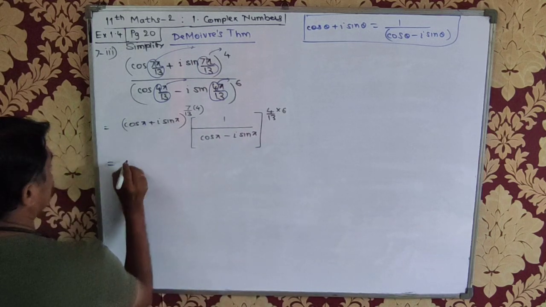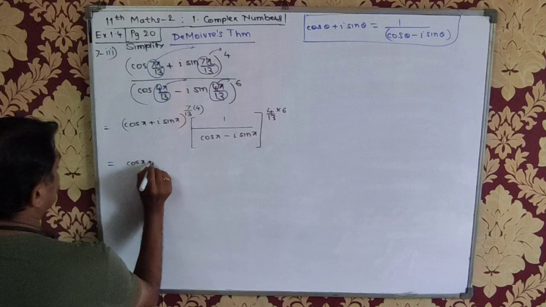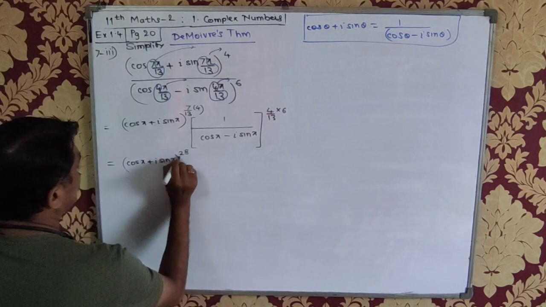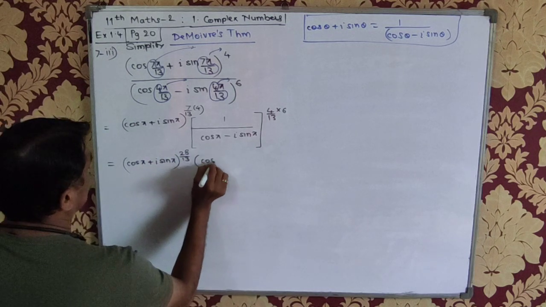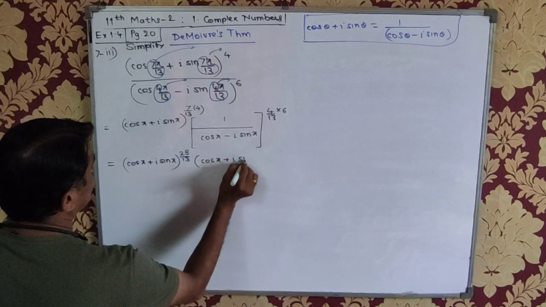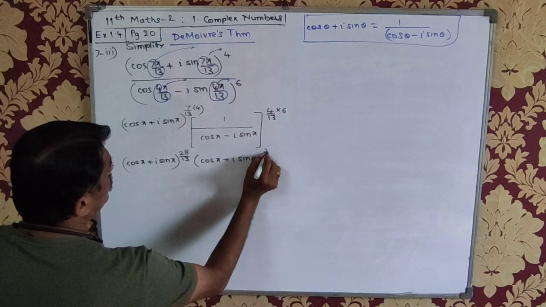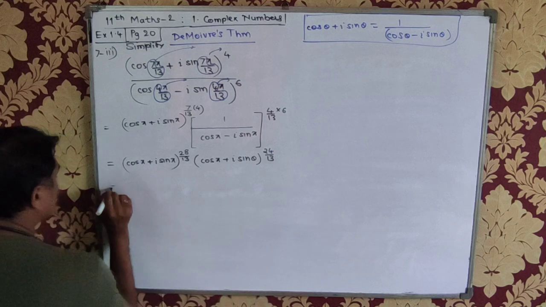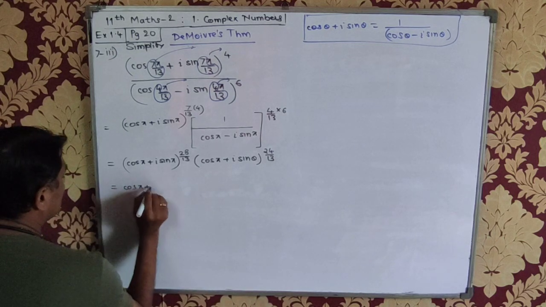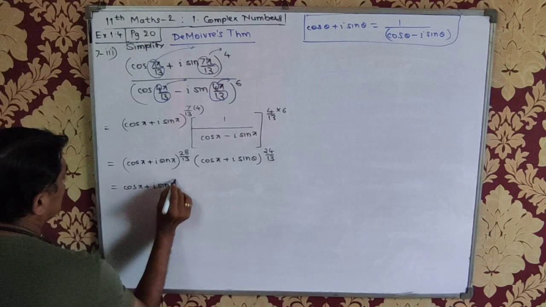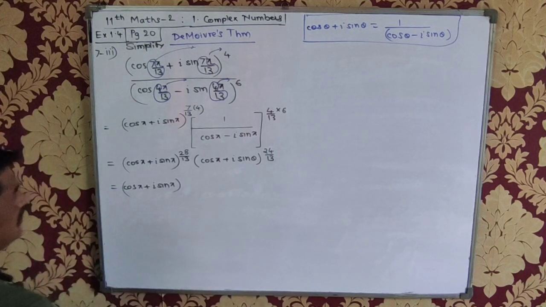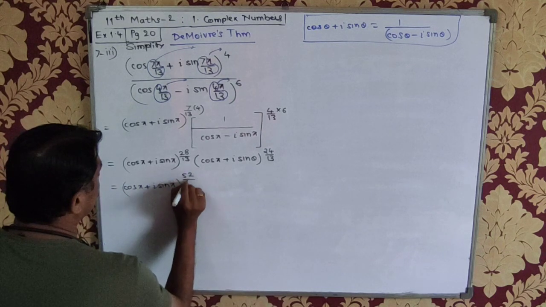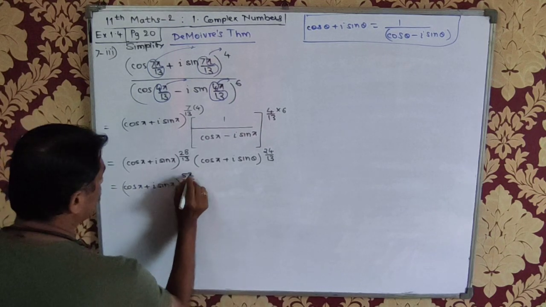So this is (cos pi plus i sin pi) raised to 28 upon 13. And this is (cos pi plus i sin pi) raised to 24 upon 13. तो ऐड करो. So this will become (cos pi plus i sin pi) raised to 28 plus 24, that is 52 upon 13, which is 4.